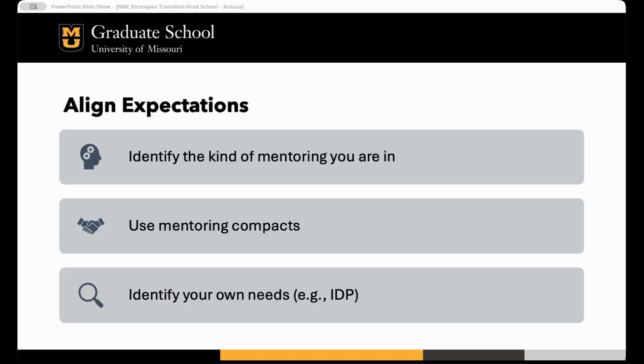So a mentoring compact is a document that you work on together with your mentor and advisor, with more open-ended questions in specific categories, to figure out how to build that relationship and what you both expect in certain areas: from communication, sometimes in terms of authorship, in terms of when you need to be in the lab, what the policies are for vacation, policies for leave of absence, and things like that. So it's a document that you can work on together.